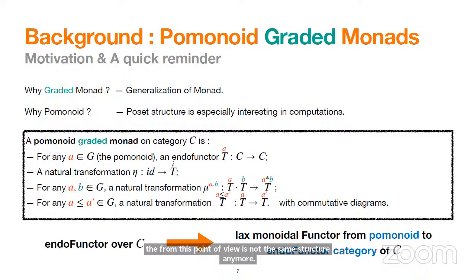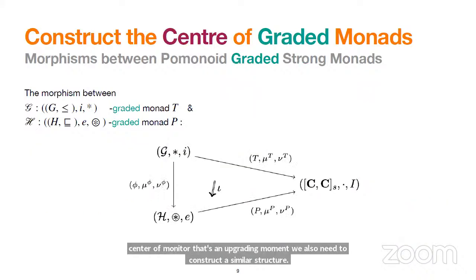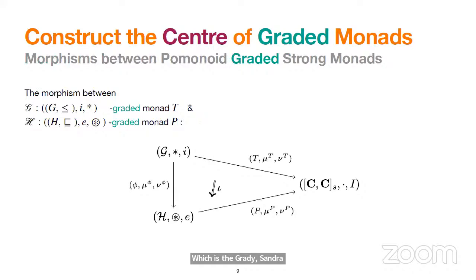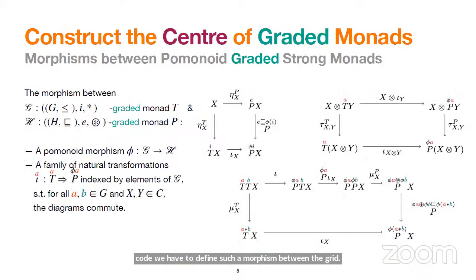Moving from the center of a monad to the center of a graded monad, we also need to construct a similar structure, which is the graded central cone. But as you can probably recall, to construct such a central cone, we have to define a morphism between the graded monads. Hence, we have to work on the morphism between the pomonoid graded strong monads.